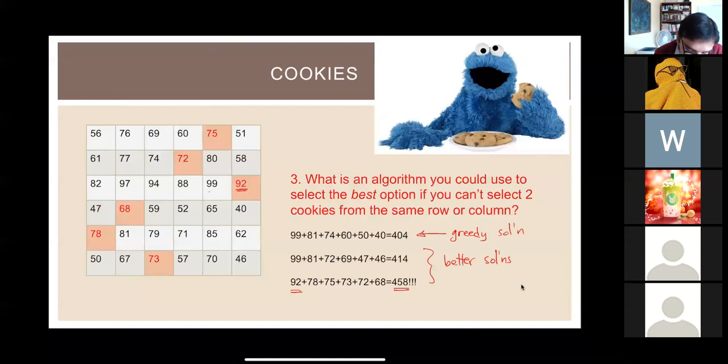It skips 99, it skips 97, it skips 94. So there are all these big cookies that are available that it's skipping, okay? The greedy solution wouldn't do that. The greedy cookie monster would just see that 99 and reach for that first, okay? And you have these other solutions that are better at the end of the day, that actually leave out those very large cookies.